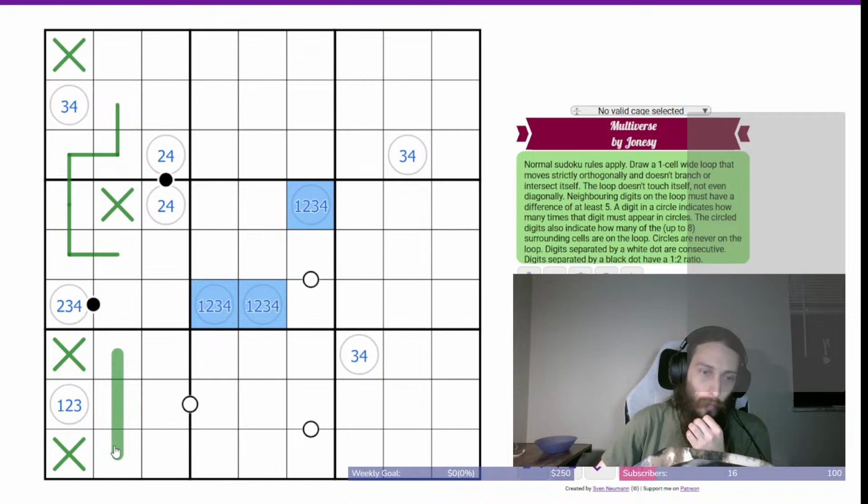Okay. Well, I have to take one of these 3. If it wasn't this one, then it would have to go in, and down, and right. And it would have to take both of those, but that's not allowed.